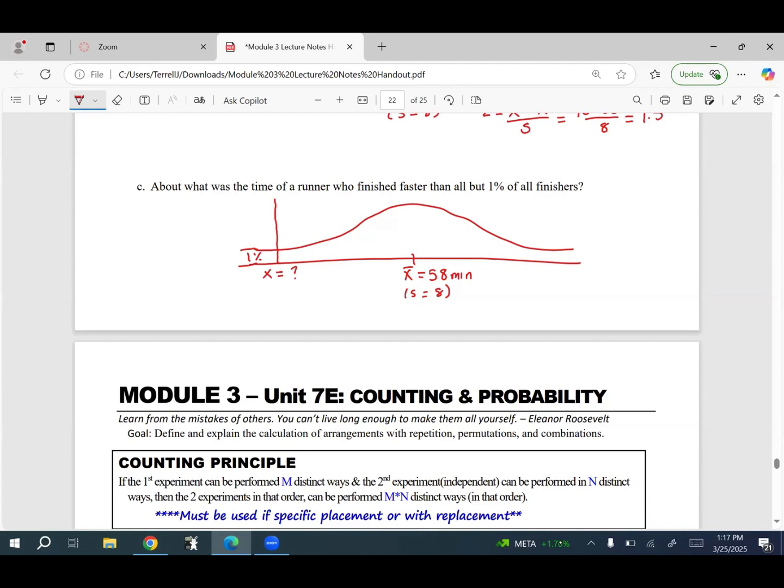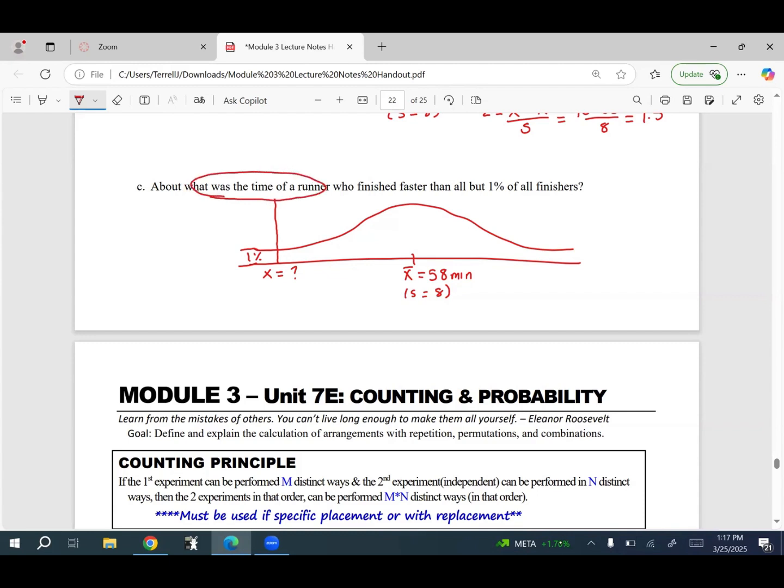So that is how you determine the location. If you're finishing faster, that means you are less than 58 minutes, which is the average. So I should be somewhere way to the left. Now, I can't figure out x, they don't give it to me, and that's what I'm looking for. What was the time?